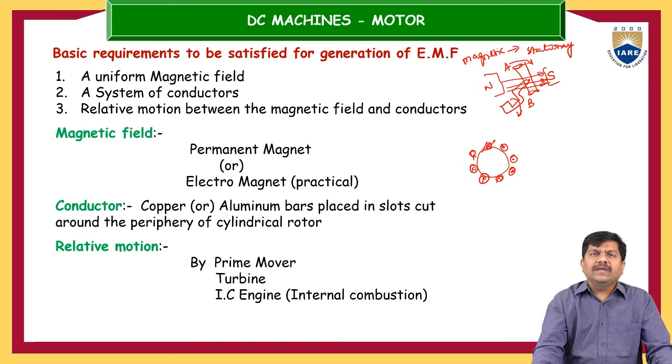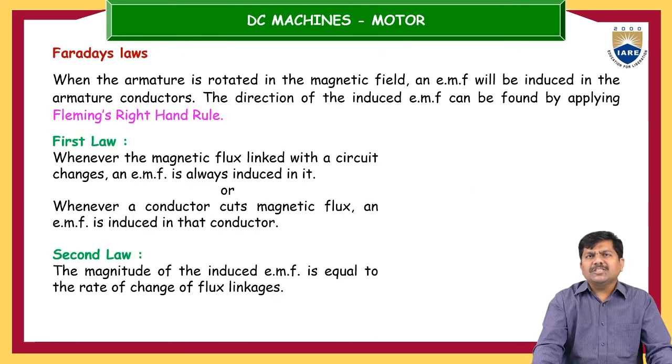If you keep that huge conducting system weight on a rotating body, sometimes we cannot reach the rated speed. So in that case, it is better to keep the conducting system stationary and rotate the field, because ultimately only relative motion is required. The relative motion you can achieve like that also. Just now we also discussed how electrical energy is generated.